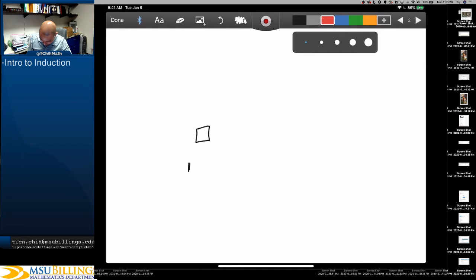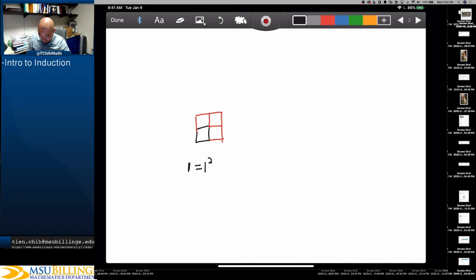So what I'm going to do is add in 1, 2, 3 more squares to get the second square number. So we have 1 squared is 1. And then next is 1 plus 3. And that gives me the next square, 2 squared.